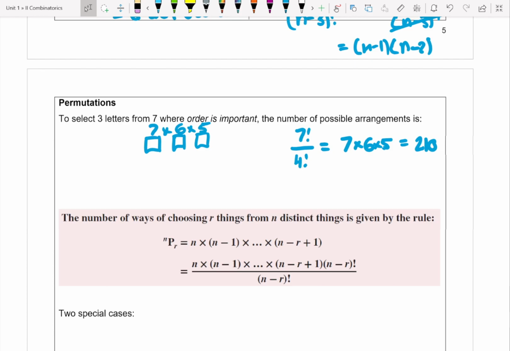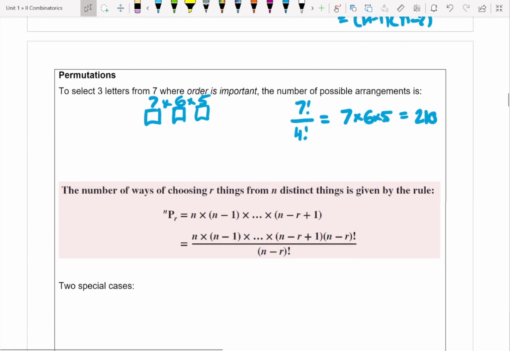So the other way we can write that is just n times n take 1 times so on and so forth until we get to n take r plus 1, over n take r factorial. So this is just written as n factorial over n take r factorial.